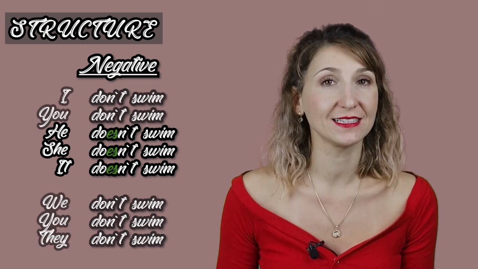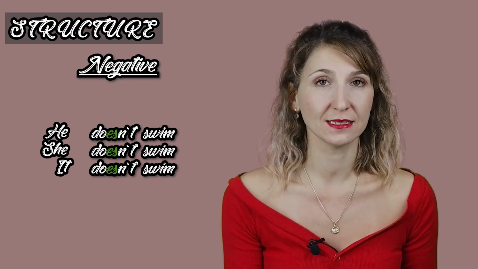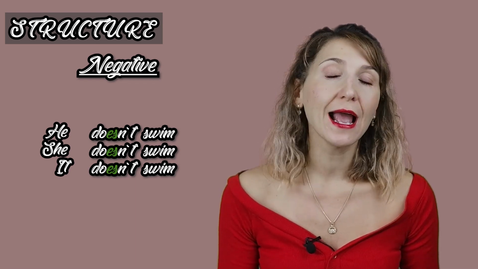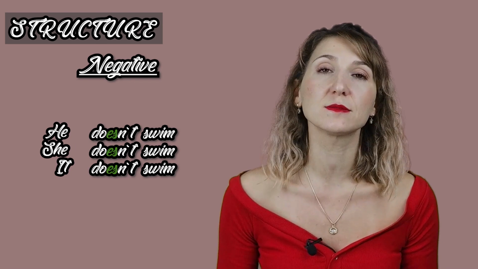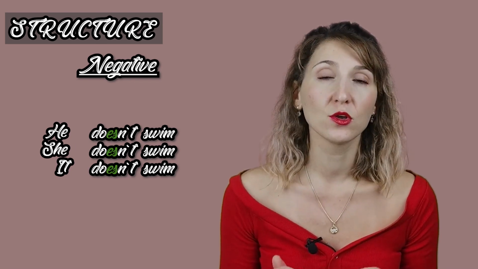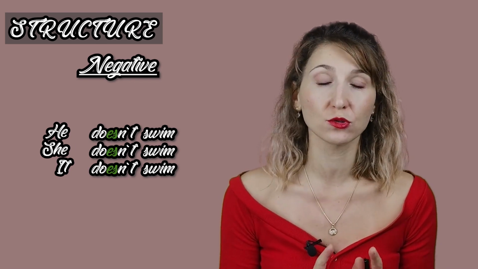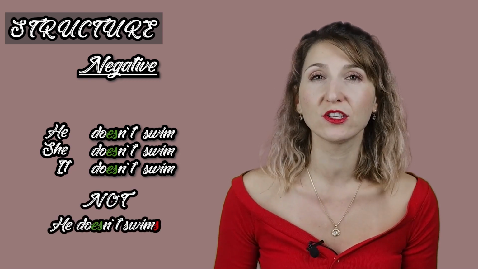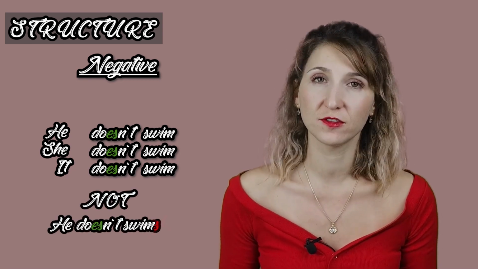For he, she and it, the auxiliary verb is does, it's not don't, and this actually shows us that this is present simple tense. That's why you need to remember that when you have the auxiliary verb, you don't change the bare infinitive of the verb.